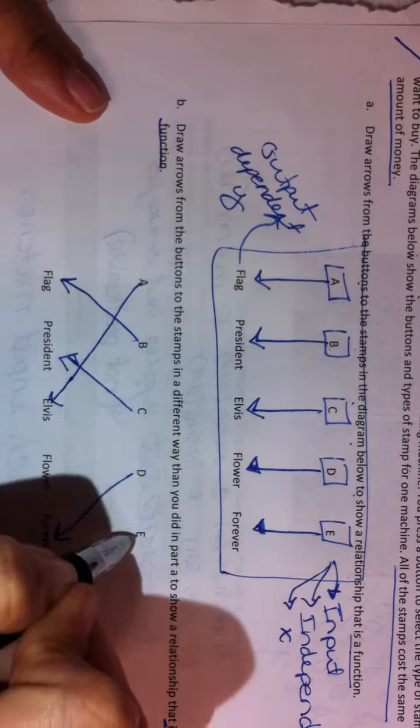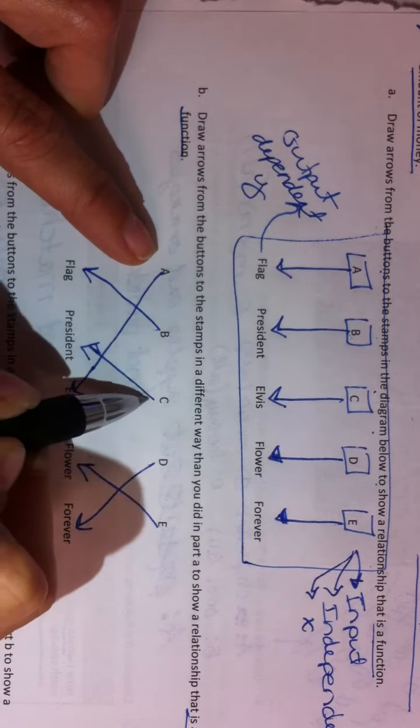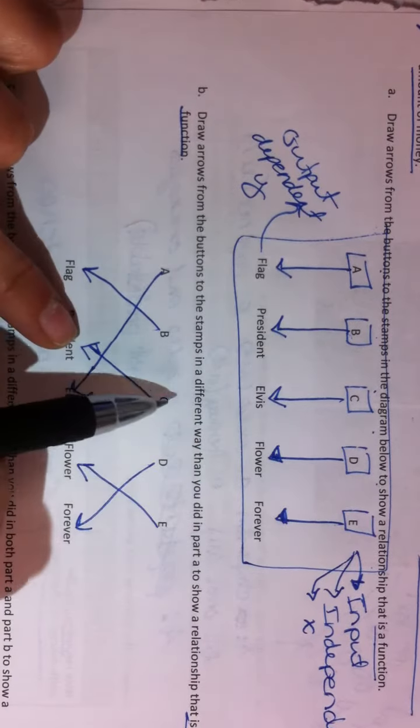D could be the forever, and E could be the flower. What has to happen is make sure you only have one arrow coming from each letter. If I added another arrow right here, that means when I press C, I don't know if I'm getting the president or Elvis. So cross that out. Okay, you have to have one arrow coming.